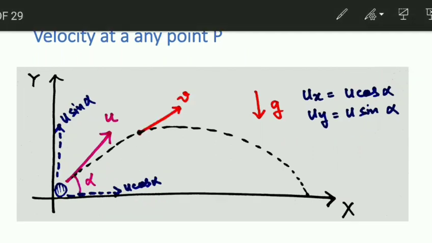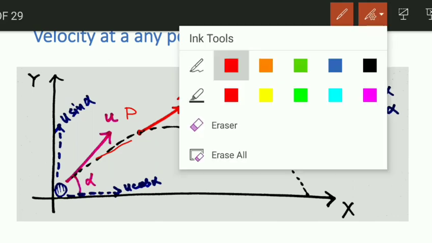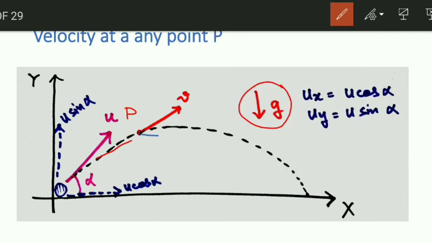Now what we are interested in is that this velocity will be changing because there is an acceleration due to gravity g acting downwards. What is the velocity at any random point P during its motion? To understand this, since this is 2D motion, there is an x and y component, I am resolving this velocity at any time t at any point P as vx and vy.